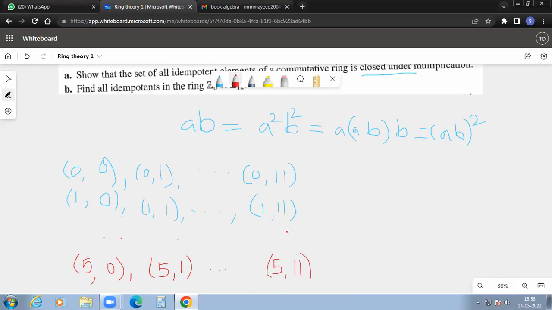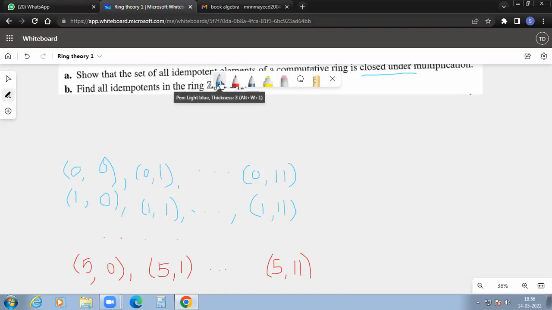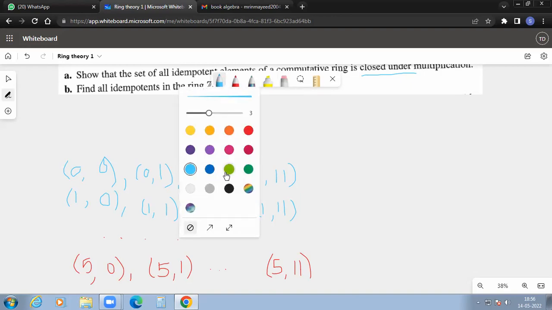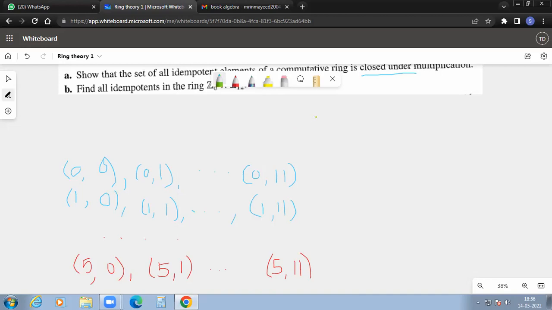Now what are the idempotent elements? So I would like to rub this AB, otherwise you will be confused. So let me remove this AB. Okay. Now what you observe here, I want idempotent element, means the element if multiplied to itself produces the same element back.